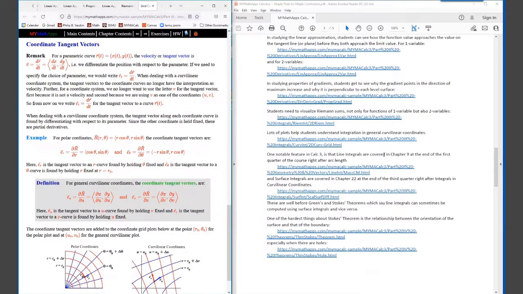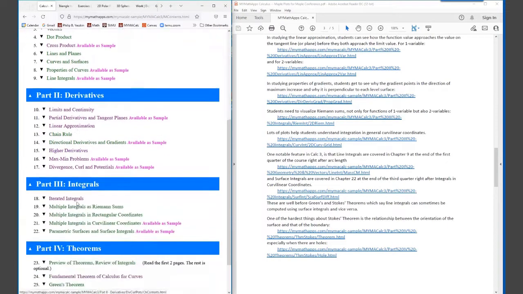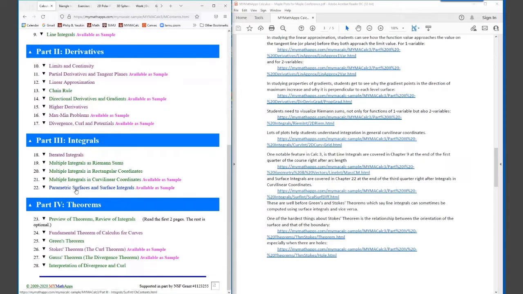One notable feature in Calc 3 is that I treat line integrals at the end of chapter 9, at the end of the first part. I treat surface integrals here at the end of the third part, and then the fourth part includes Green's theorem and Stokes' theorem. Students find it very confusing when you get to those theorems because they say that sometimes you can use a line integral to compute a surface integral, and sometimes you can use a surface integral to compute a line integral.